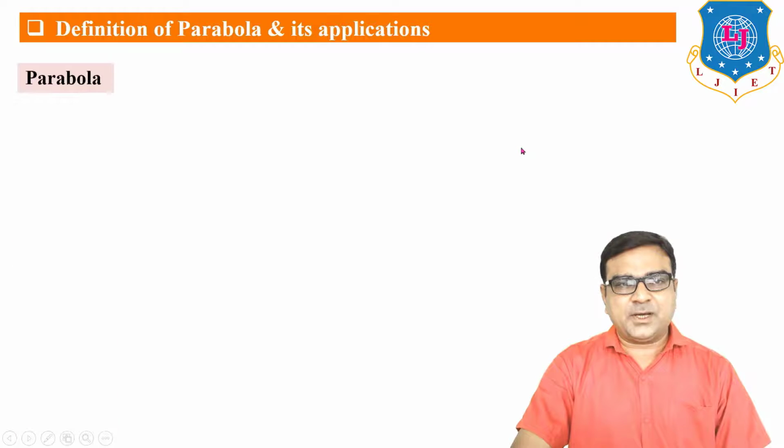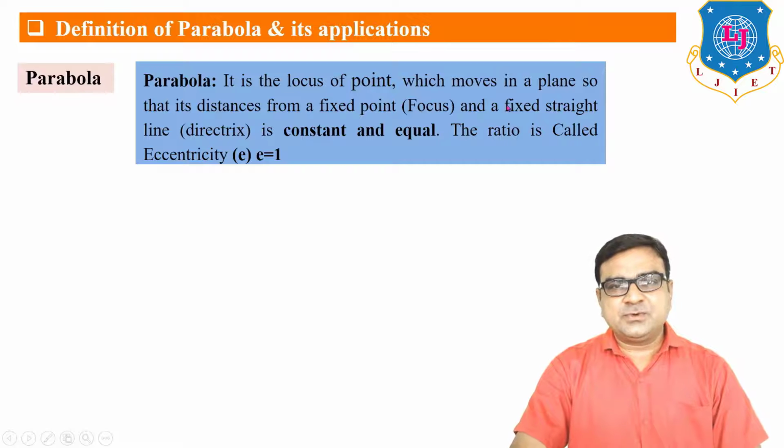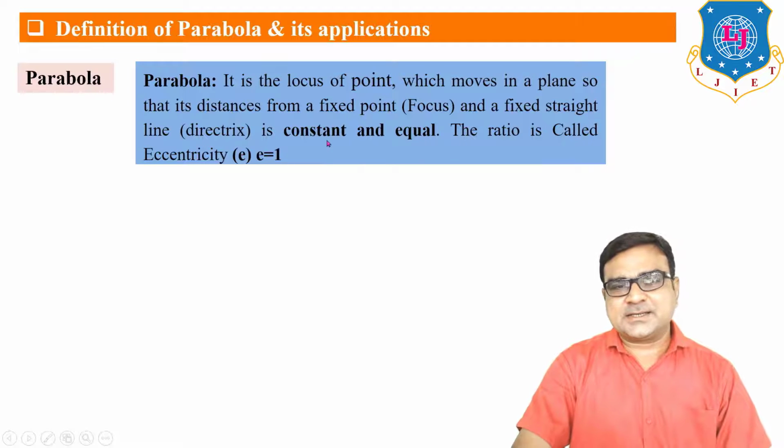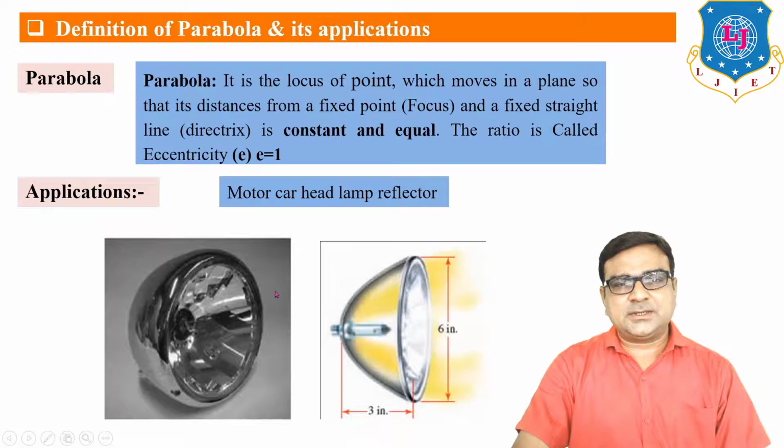Now parabola. A parabola is the locus of a point which moves in a plane so that its distance from a fixed point, the focus, and a fixed straight line, the directrix, is constant and the ratio is equal to 1. This ratio is known as eccentricity. What are the applications of parabola? It is used in the shape of motor car headlamp reflectors. You can see this shape is a parabola.